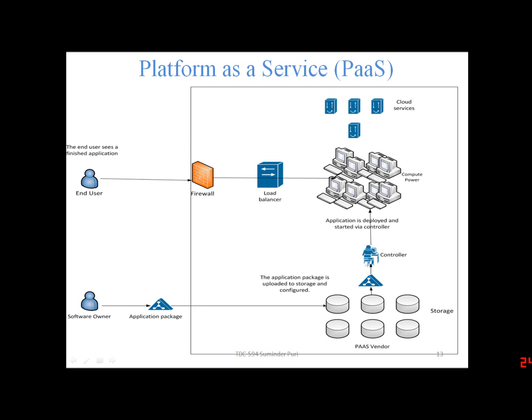So here we see there's an application package which is deployed by the software owner, whatever we requested, and we use a service. For platform as a service, there are companies which provide these, like Google App Engine and Windows Azure. So platform as a service basically gives the software as a platform.